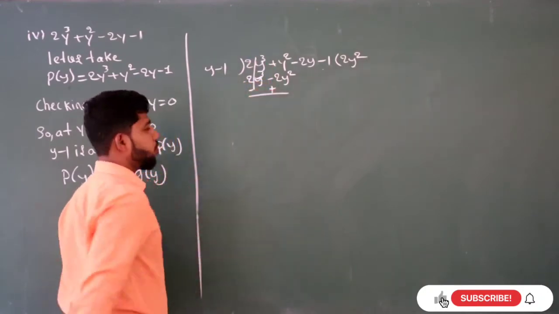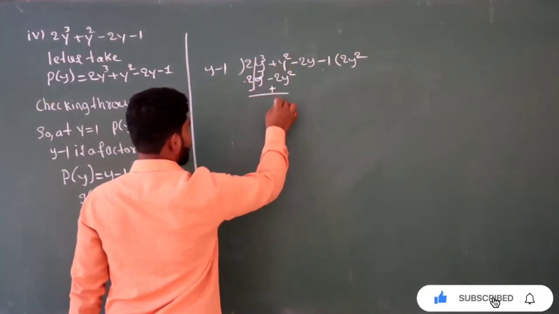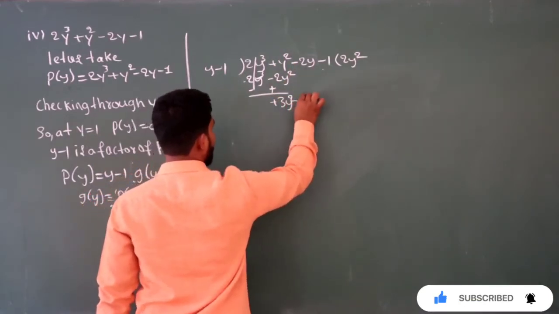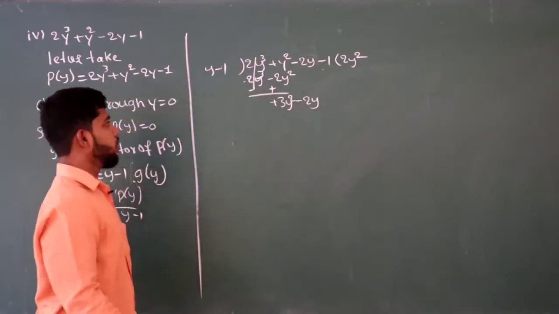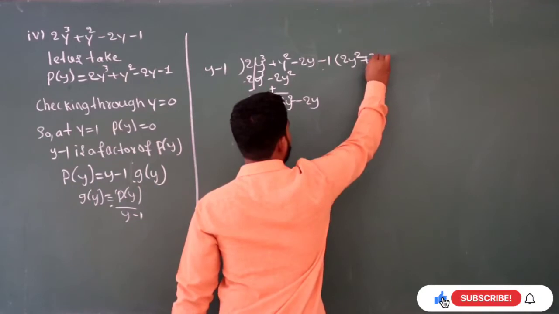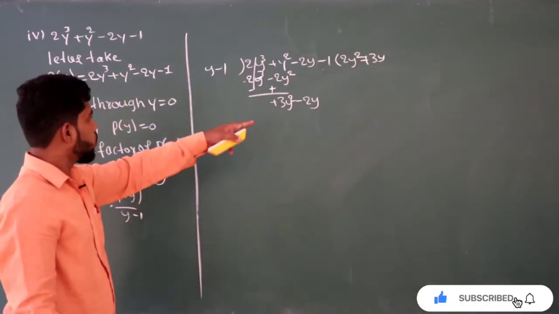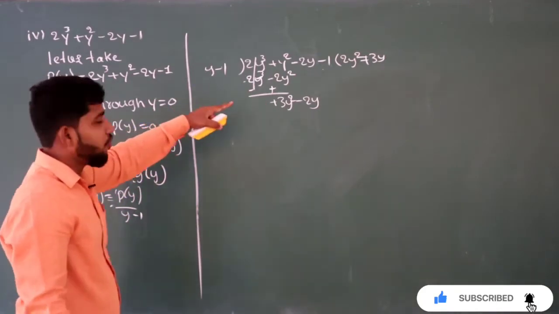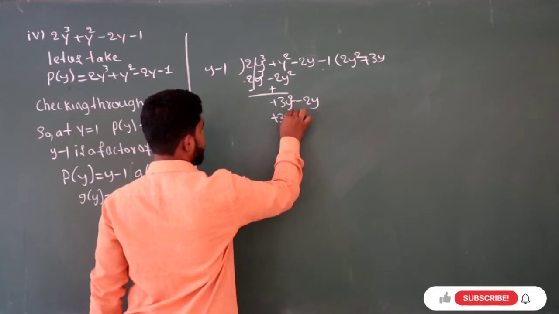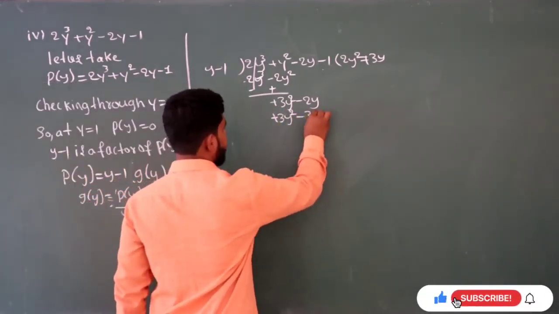The 2y cube and 2y cube cancel. Now plus y square and the plus 2y square is the plus 3y square. Plus 3y square minus 2y. Now here you are taking the plus 3y. 3y into y is 3y square, and 3y into minus 1 is minus 3y.